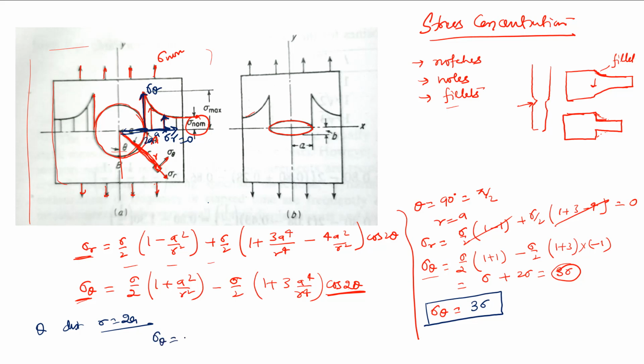So sigma theta, if you calculate, will be sigma by 2 (1 plus 1 by 4), minus sigma by 2 (1 plus 3 times 1 by 2 to the power 4, that is 16), and it will be minus 1, so we can write plus, so it will be 4 plus 5, so 5 sigma by 8 plus 19 sigma by 32, something like this.